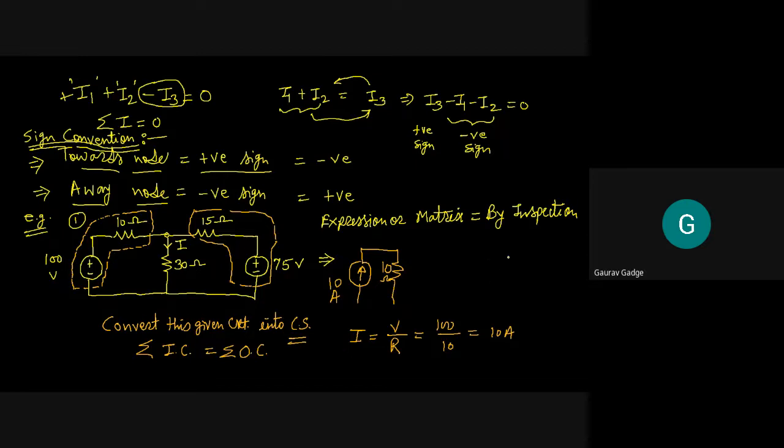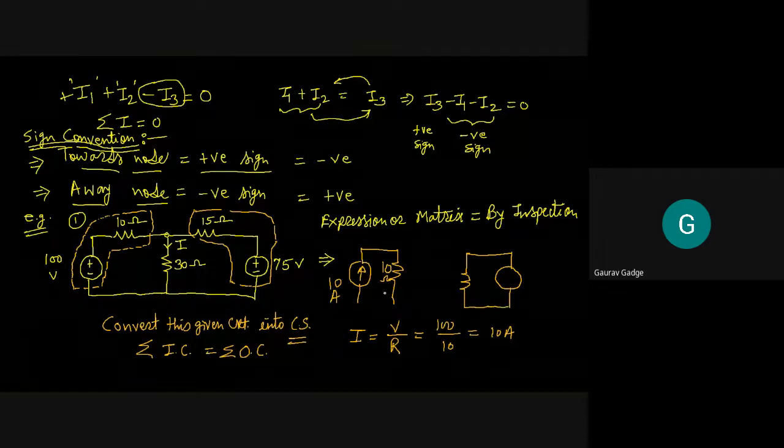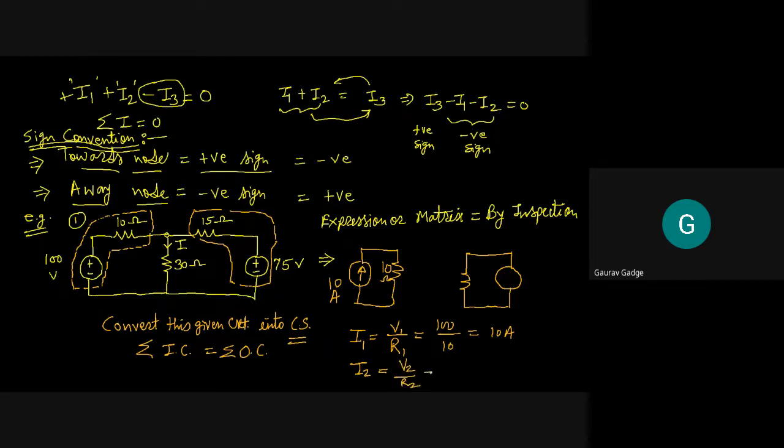Similarly, you can convert the second voltage source into a current source, again a current source with its parallel resistance. Now, the value of that second current source can be found out by using the same conversion of a voltage source into a current source. So I2 is equal to V2 upon R2. I think all of you can see this.